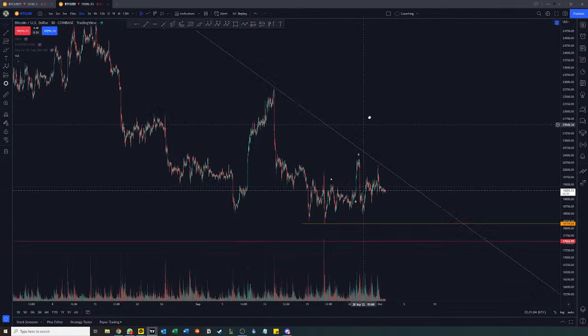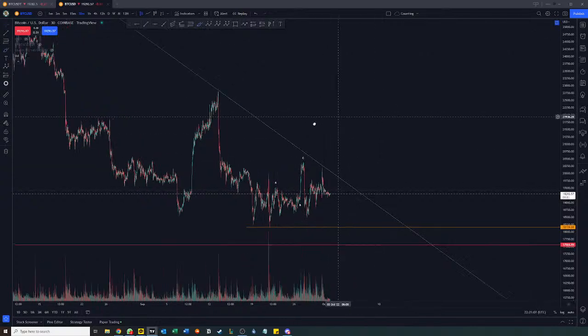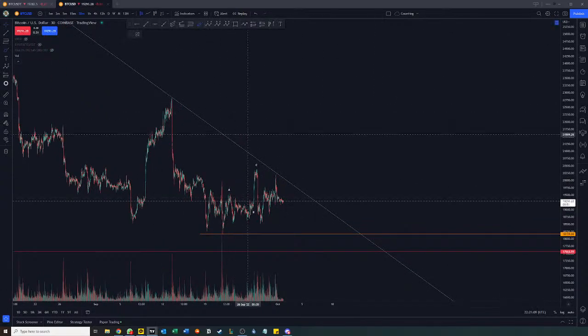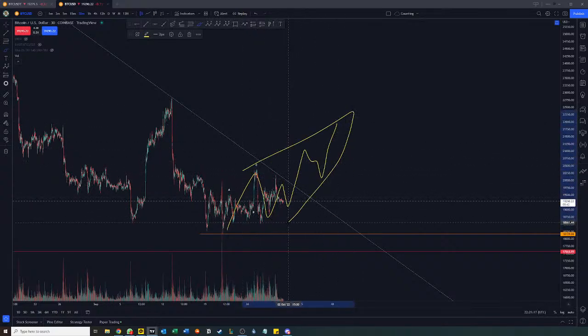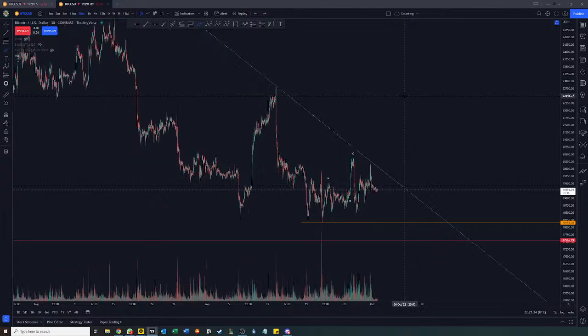I'm not sure entirely, but it could do a leading diagonal, C, D, E, something like this. If it makes a leading diagonal, then we can also see another big wave going up.